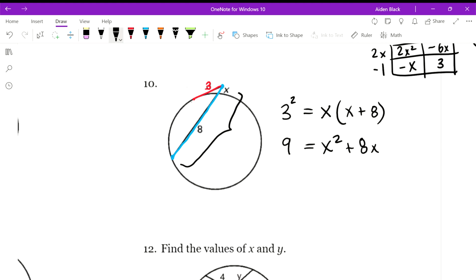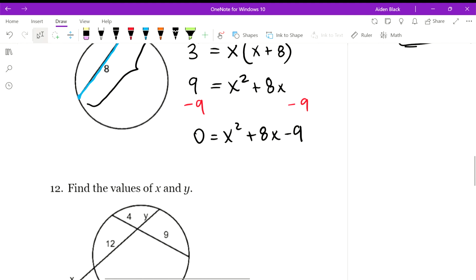You see here we have an x squared value and just an x value, so we should move everything to one side. Subtract 9 from both sides, and you end up with 0 is equal to x squared plus 8x minus 9. Here our leading coefficient is 1. If we multiply the leading coefficient by the constant, we get a product of negative 9, and our sum should be 8.